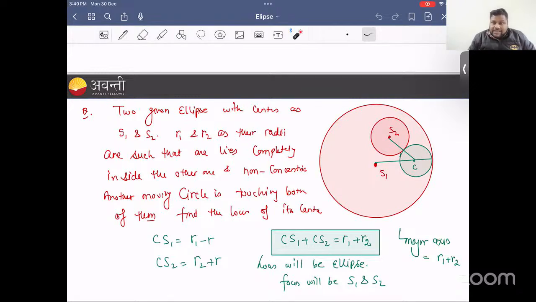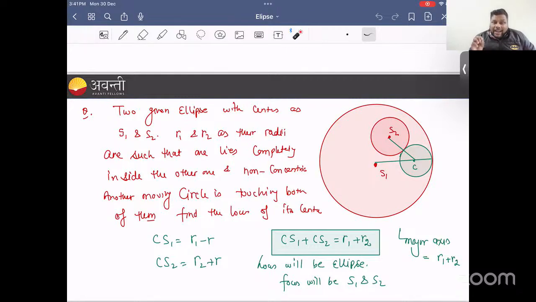So what is CS1 plus CS2? CS1 plus CS2 is equal to R1 plus R2. So the locus of the center of the circle C will be what?